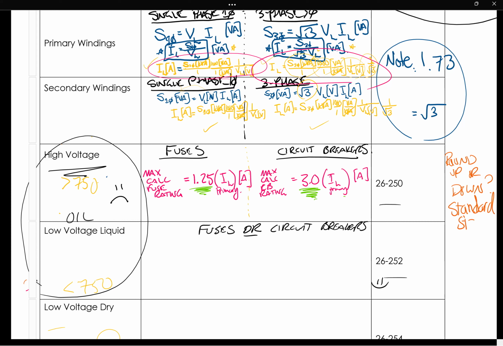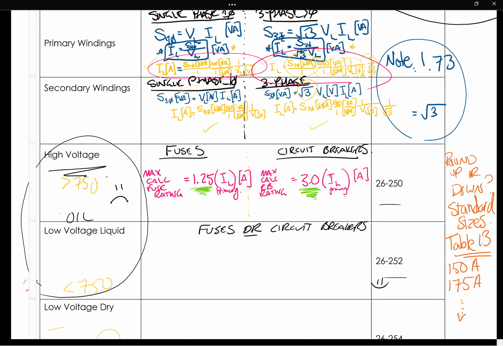Standard sizes of the circuit breakers are in table 13 in the tables section of the Canadian Electrical Code. And you see that they go from like 150 amps to 175 amps to, I forget, but what if you get 152? Do you round up or do you round down? And you see a bunch of examples for rounding up, and then you see a bunch of examples for rounding down.